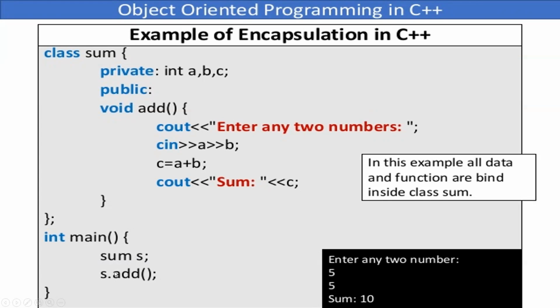S. Now through this object S, I am accessing my public member function add with the help of this dot operator. This is how I will access my public data, my public members.